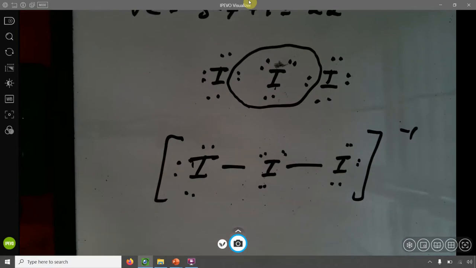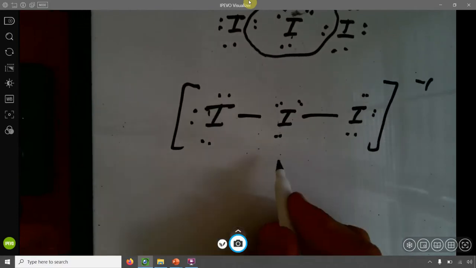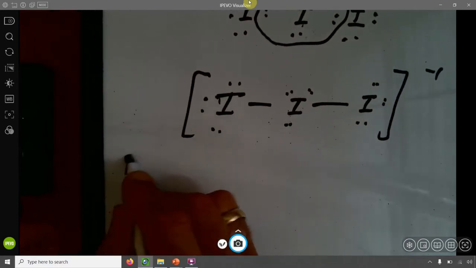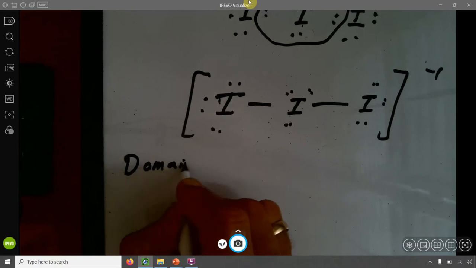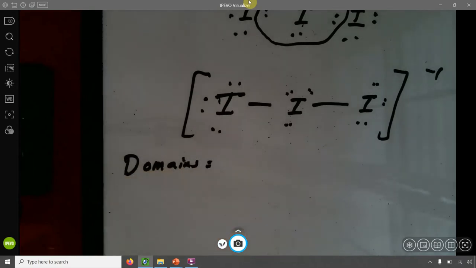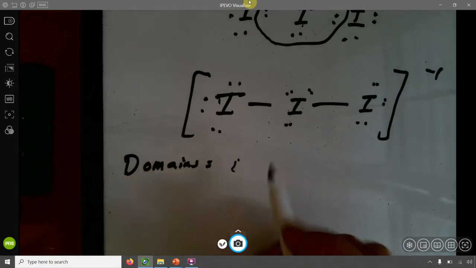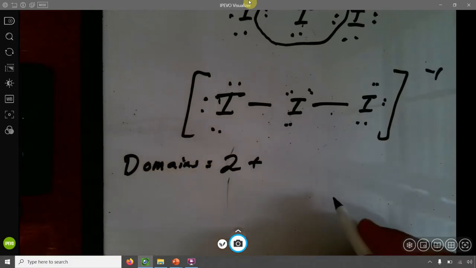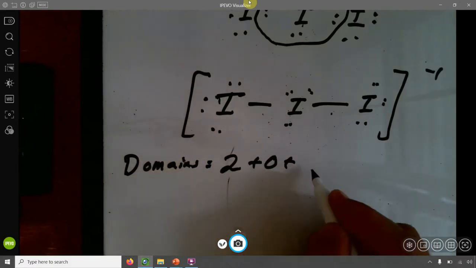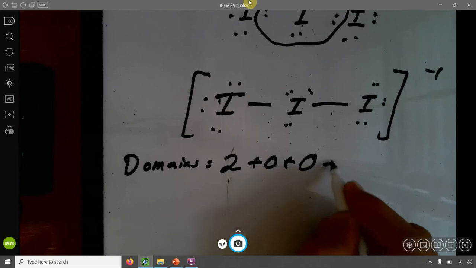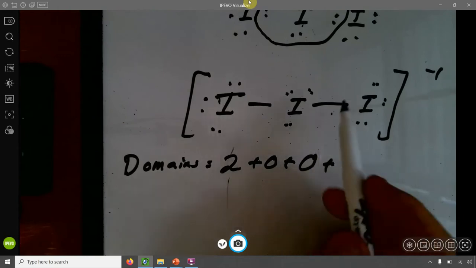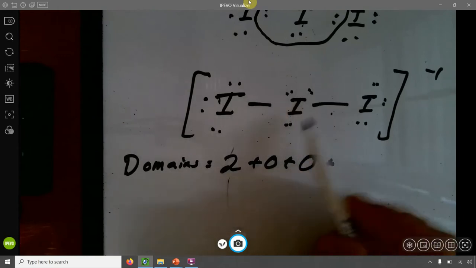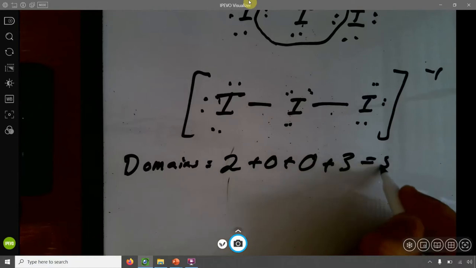Okay. All right. So now I got to look at the central atom and look at the number of domains. Number of single bonds: 1, 2. 2 single bonds. Number of double bonds: 0. Number of triple bonds: 0. Number of lone pairs: 1, 2, 3. 3. 5 domains.